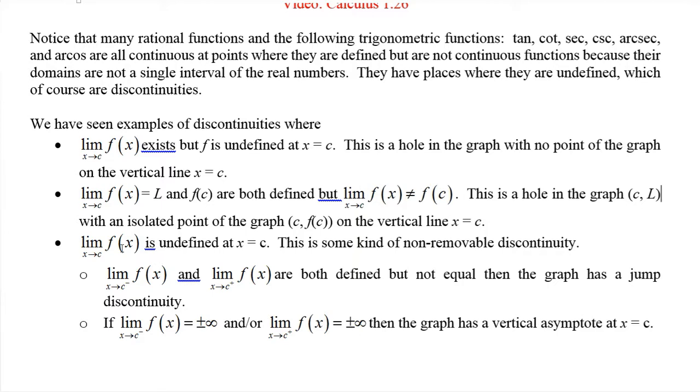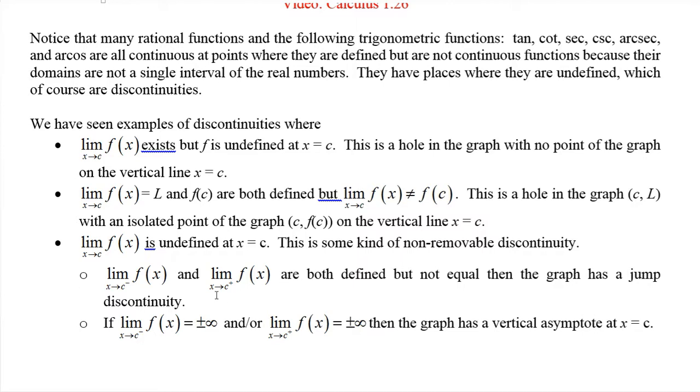But we've also seen places where the limit is undefined at x equals c. This is some kind of non-removable discontinuity. It's not a hole, it's something else. One way we've seen this is when the limit as x approaches c from the left of f of x and the limit as x approaches c from the right of f of x are both defined, but they're not equal to each other.